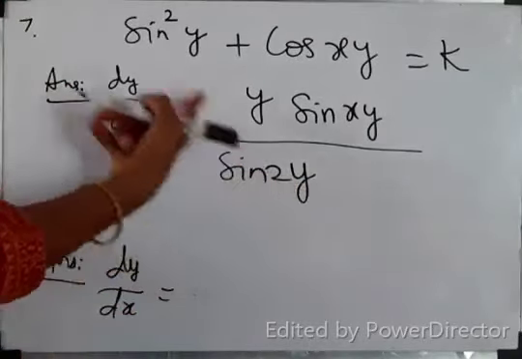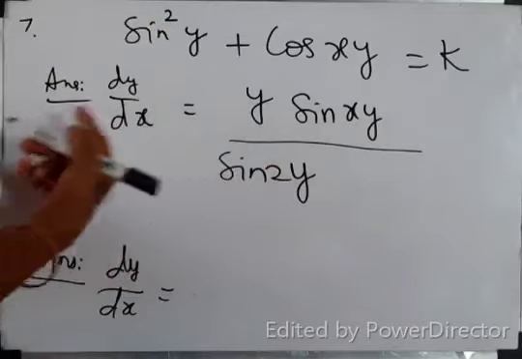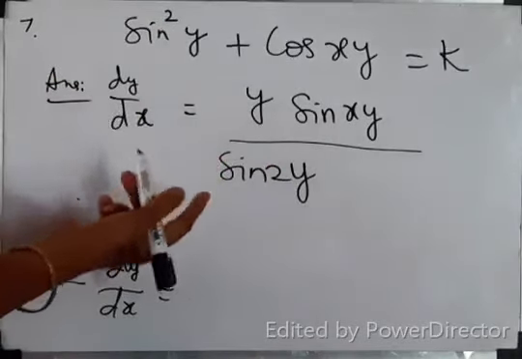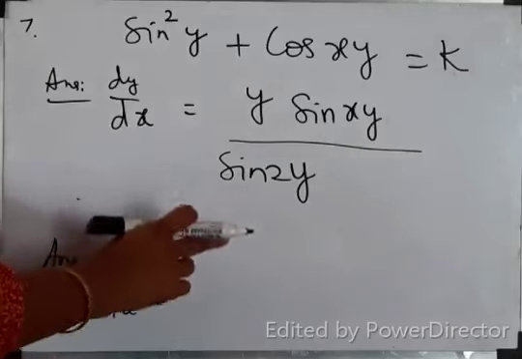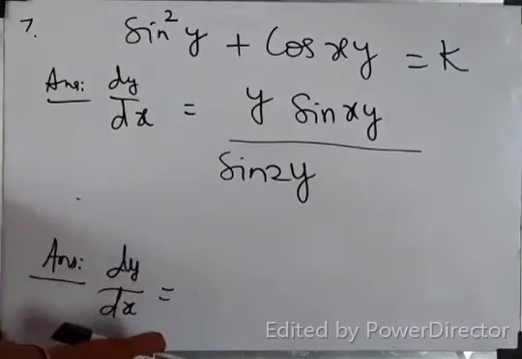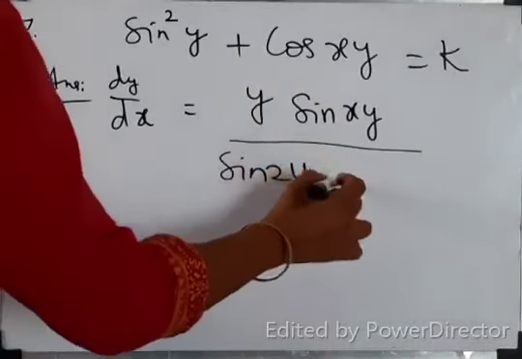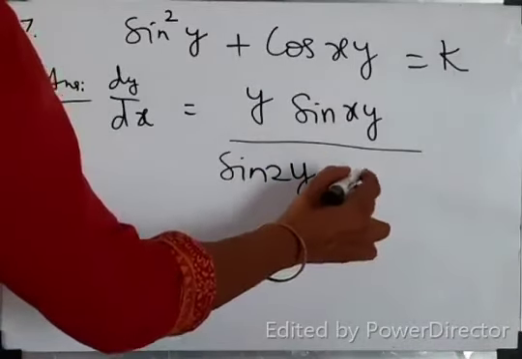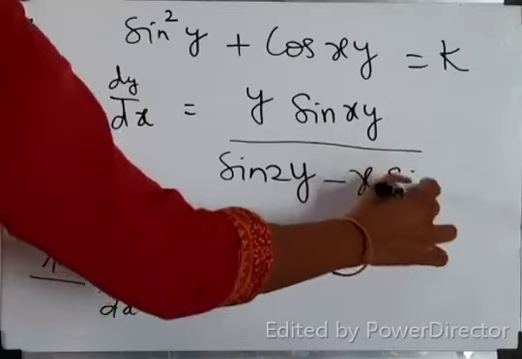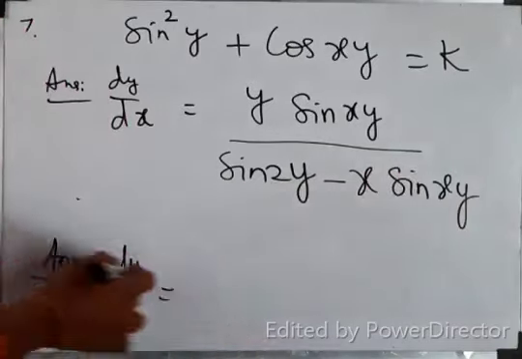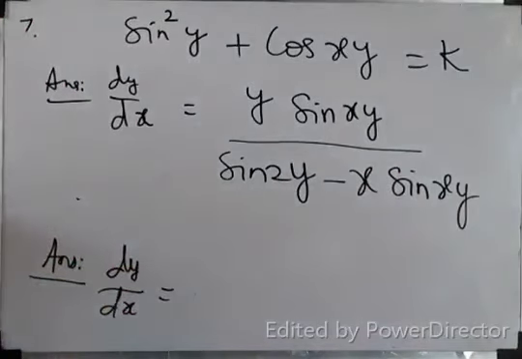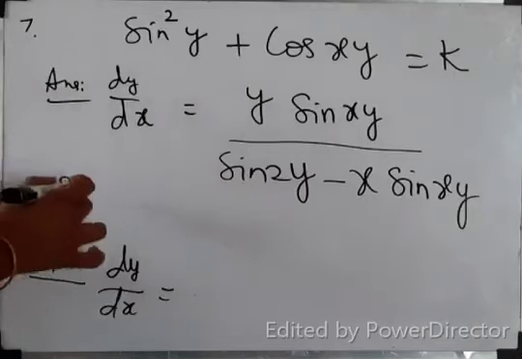Children, actually what you will get is 2 sin y cos y, so you can write sin 2y. All the answers are in simplified form. x into sin xy. Correct? Okay.